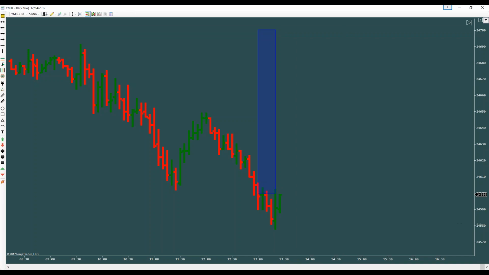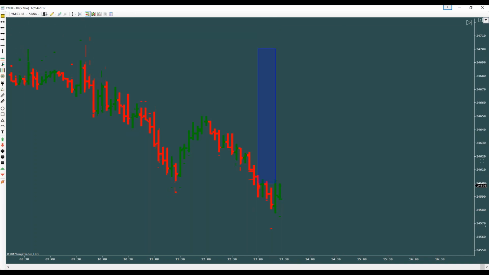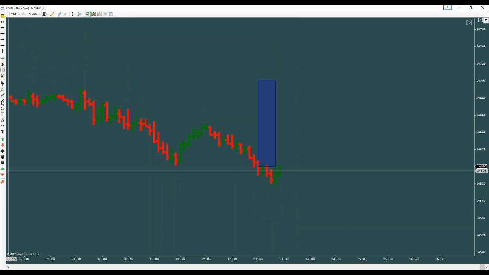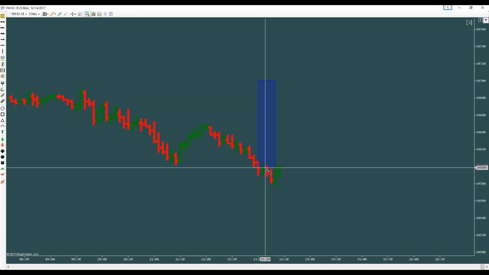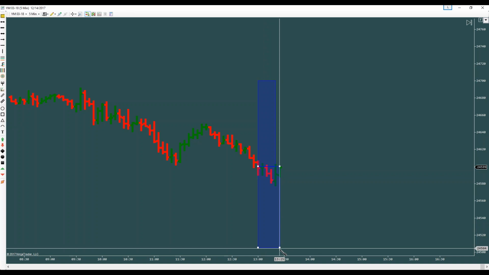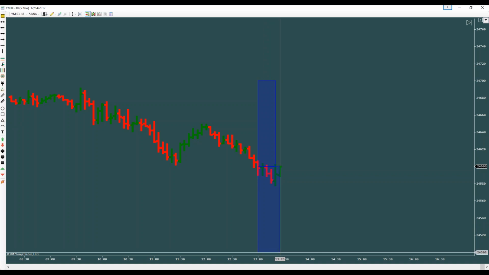Then they say, okay, so now let's also make a spread at 24.6 that has a top or a ceiling of 24.6 and goes down 100 to 24.5.